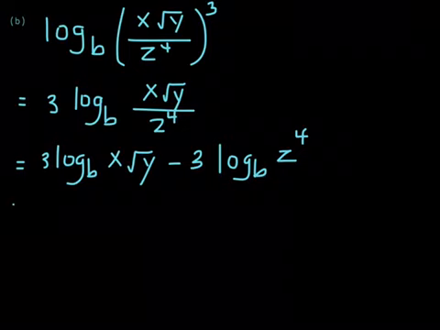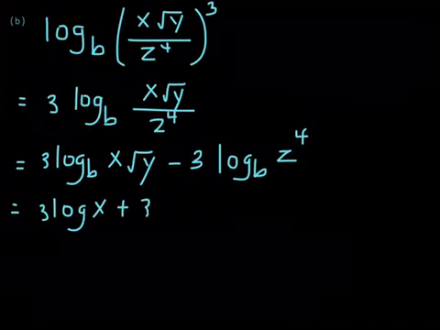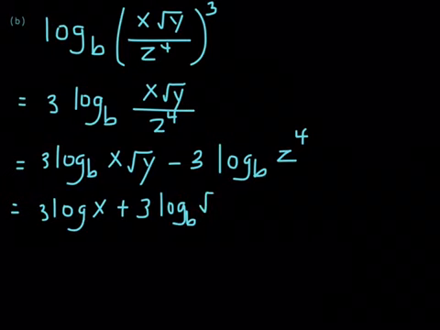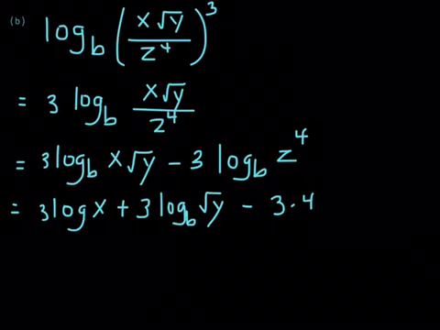So it'll be 3 times log base b of the first factor plus 3 times log base b of the second factor, the square root of y, minus. Now, if the 4 is going to come down to the front for this last term, don't forget there's a 3 out there already, so it's going to be 3 times 4 log base b of z.